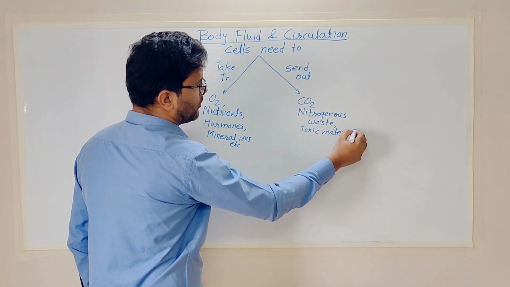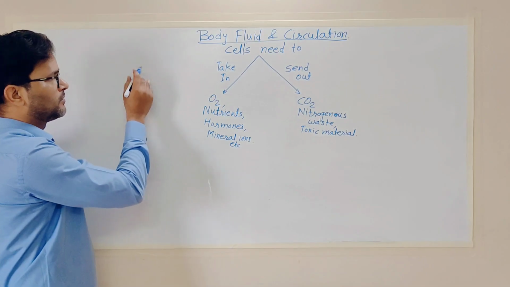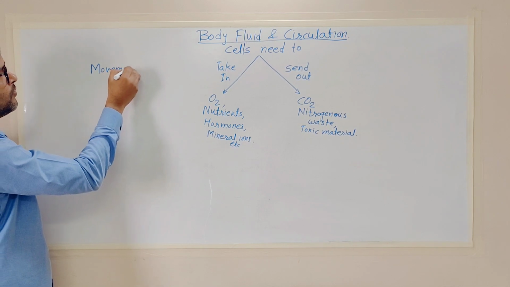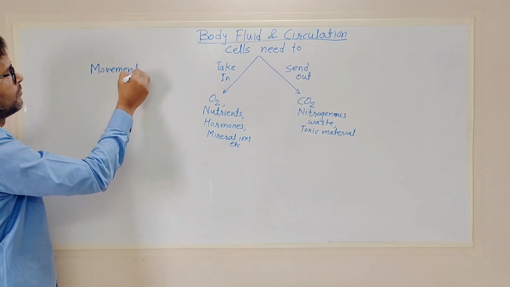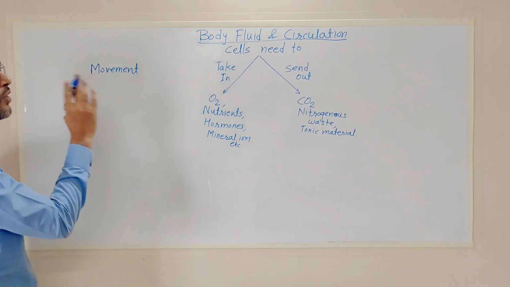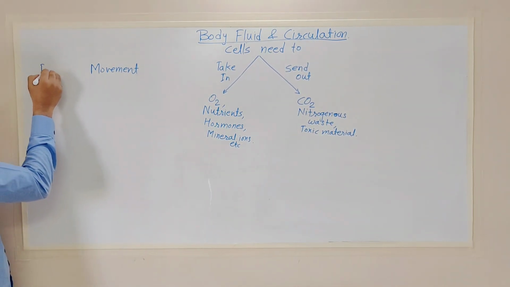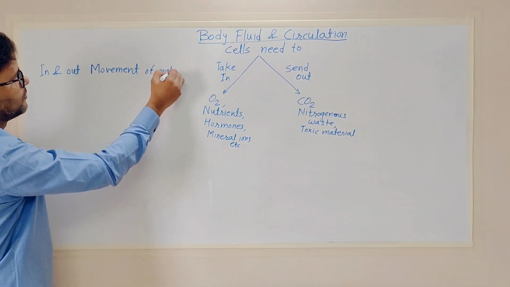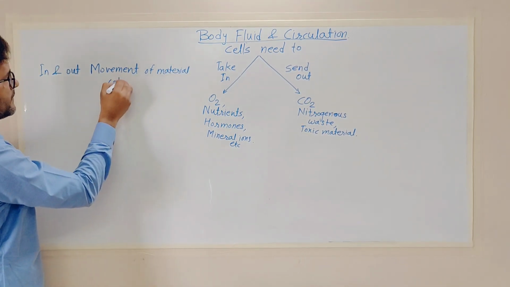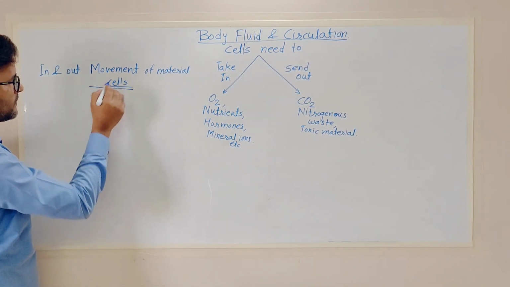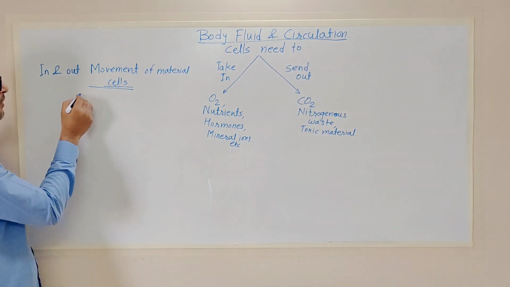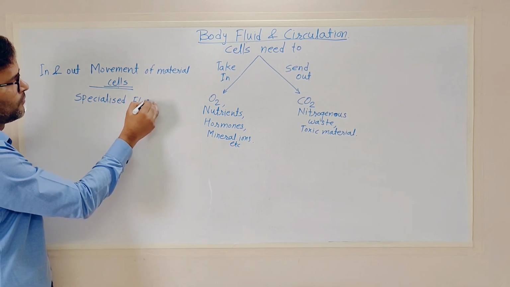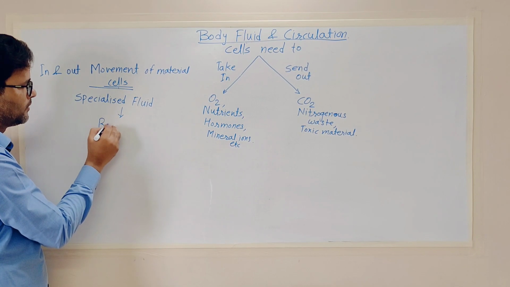Okay, so the movement of the cell, which type of movement is it? In and out movement of the material from cells is performed by some specialized fluid, which is called body fluid.